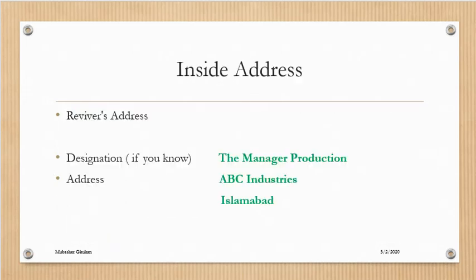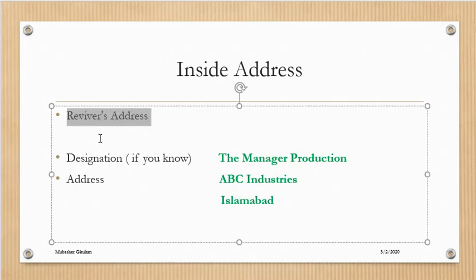Then there is the inside address. The inside address is basically the address of your receiver. You know the designation of the person you are addressing. If you know the designation, then you can write the address this way: the designation here, the manager production, ABC Industries, Islamabad.